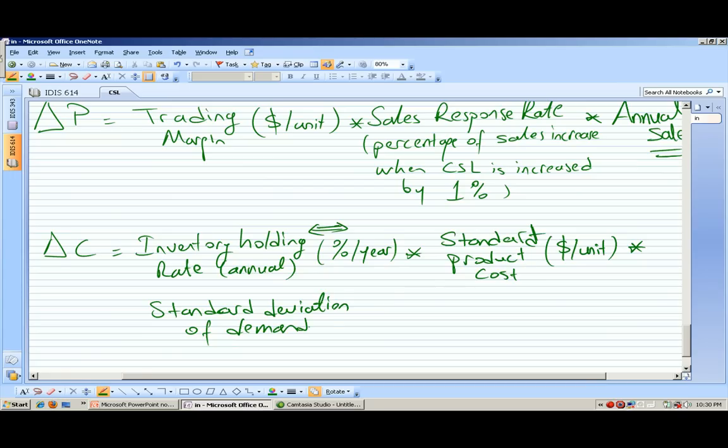Demand during the lead time. Okay, now this lead time concept is important. Lead time is basically measured from the time you place your order to the time you receive your shipment. Okay, and this is multiplied by a term called delta Z.